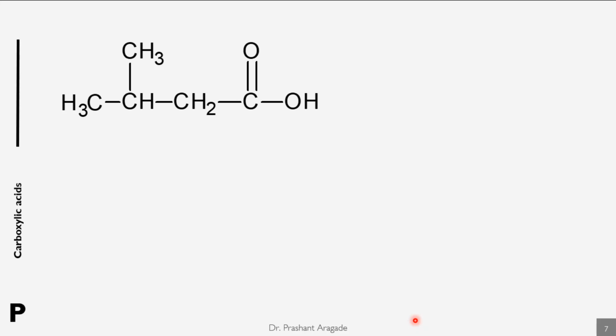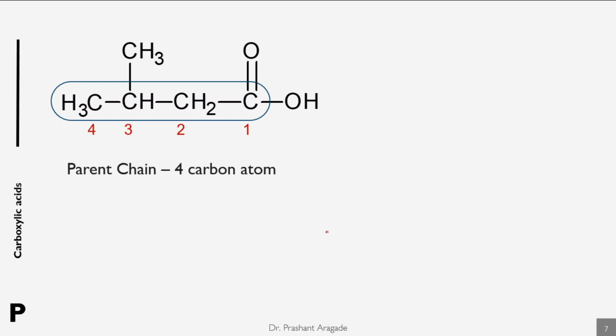So let's solve this problem. Try to give the IUPAC name by following the rules. Rule number 1 is to select the longest continuous carbon chain containing the carboxyl functional group. Then start the numbering from the carboxyl carbon atom. As it contains 4 carbon atoms, the parent name is butane.